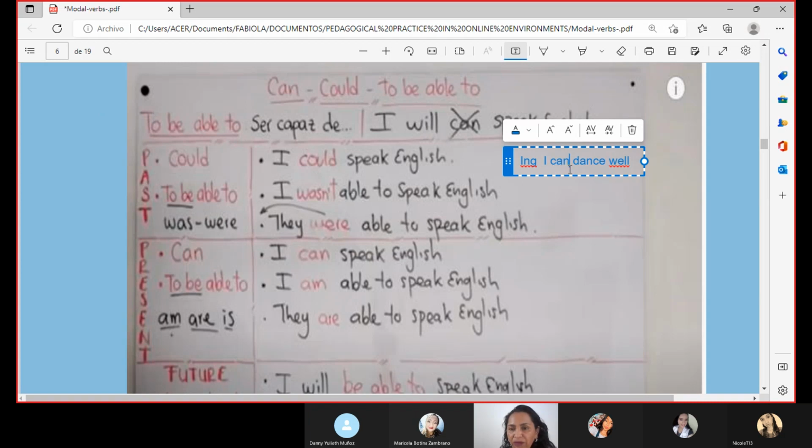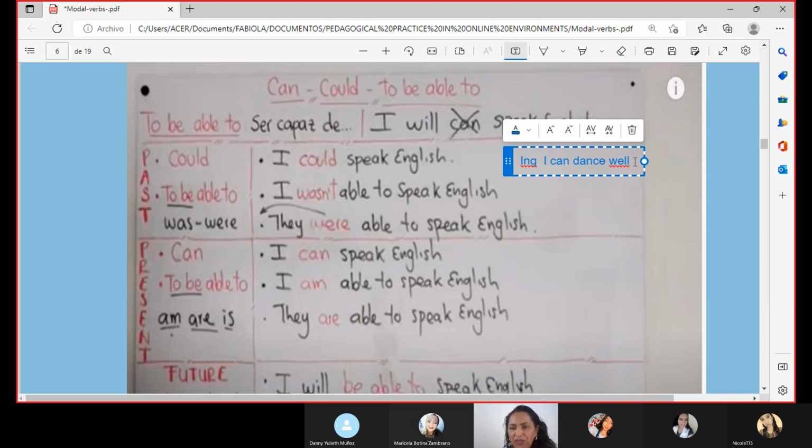According to the rule for present continuous, consonant, vowel, consonant, you put a double n and ing. But when you talk about modal verbs, that part is incorrect. It is not necessary to add ing to any modal verb. So that can't be.